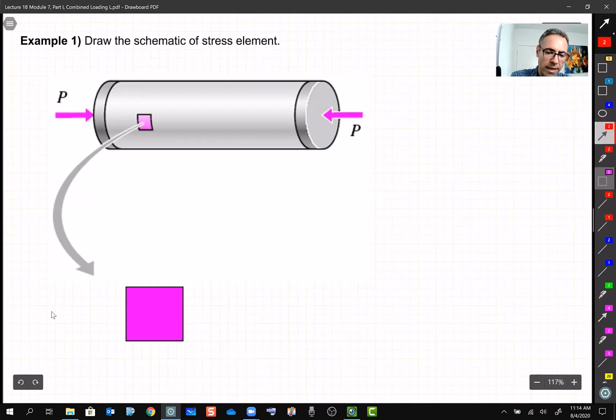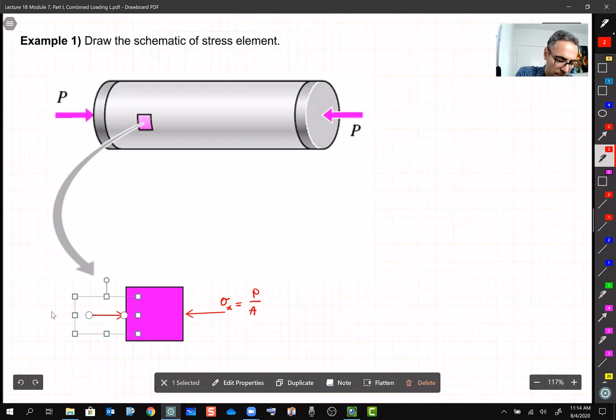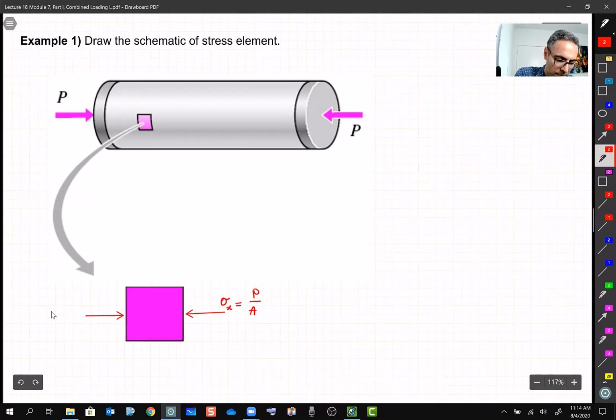And then what do I have? Well, for this one, it seems this element is only under compression. So I only have sigma x, which is equal to P divided by A. All right, guys, that's all, nothing else.